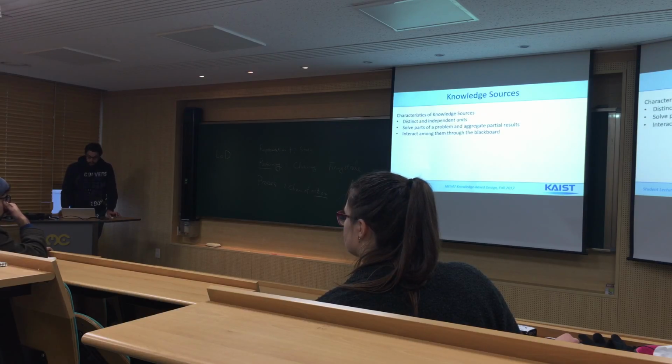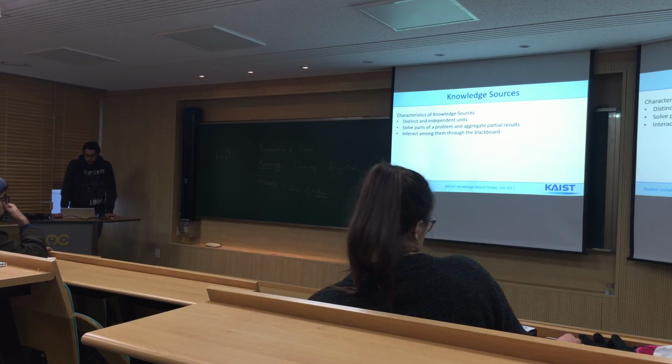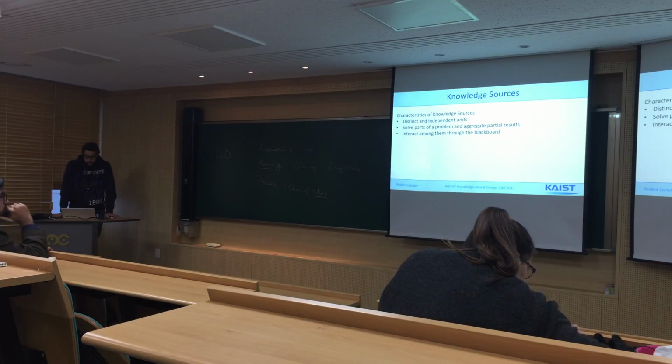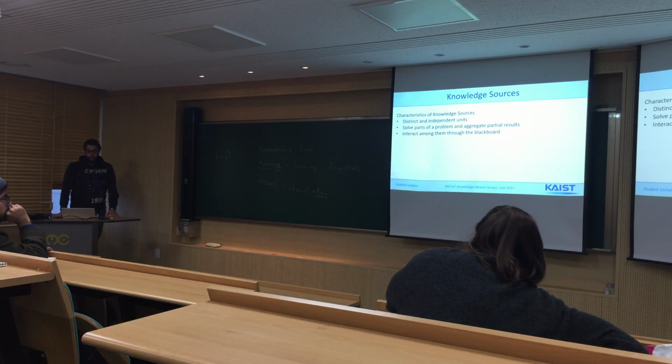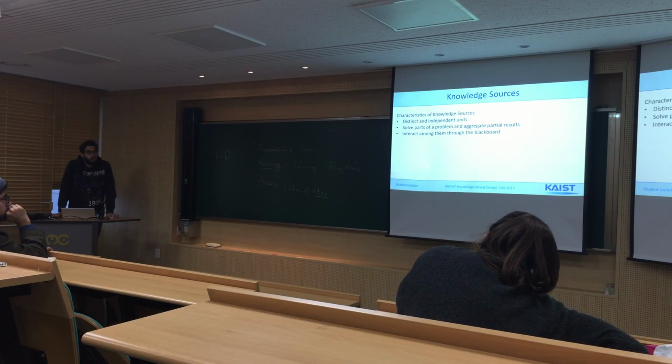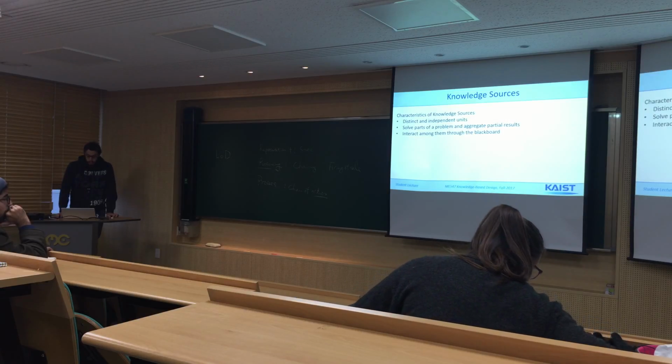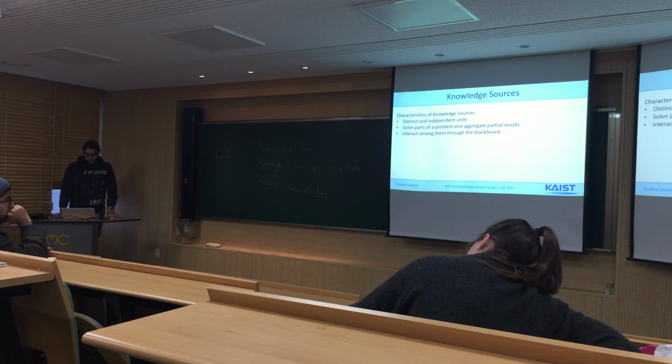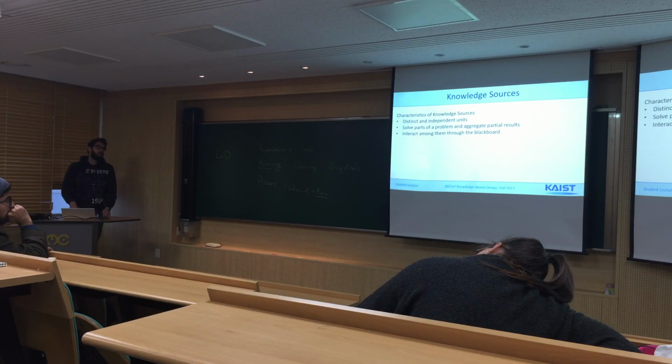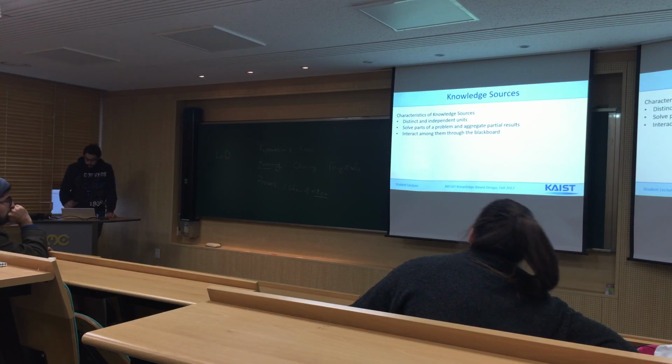Let's see these three parts in more detail. The knowledge sources are distinct and independent units, and each unit solves a partial problem. After solving this partial problem, we can interact all these solutions through the Blackboard, through the entire model.